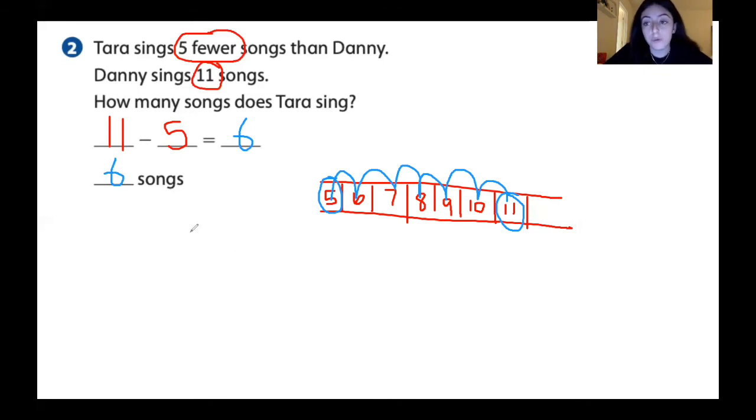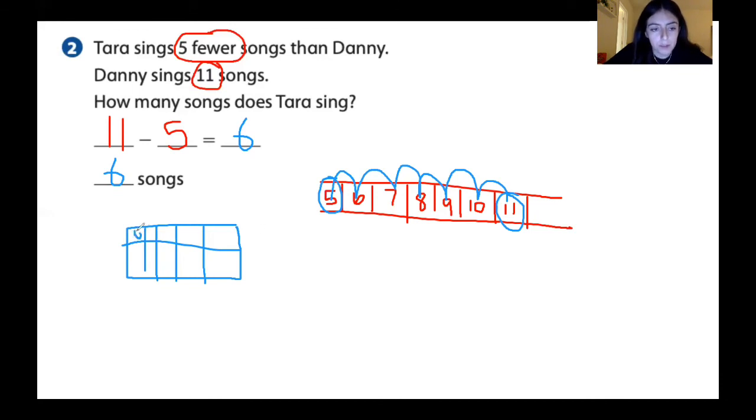Now, if you wanted to do a 10 frame, we can do it the 10 frame way. Make a 10 frame here. Whoa, that was a crazy line, but it's okay. So I'm going to draw 11 because I know that Danny sings 11 songs. So I have 10, and I'm going to put 1 outside because it's 11.